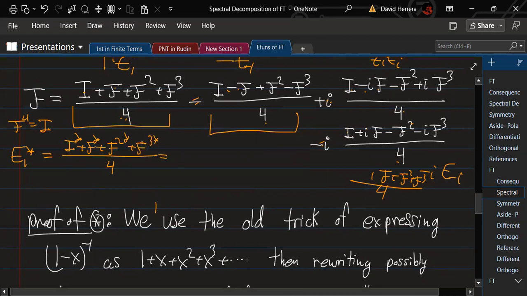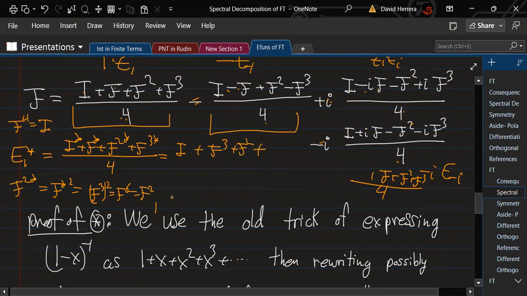Okay, so I adjoint is just I. F adjoint is f cubed. F squared adjoint, well, it's f adjoint squared. F adjoint is f cubed, squared, which is f to the 6. And using this, that's f squared.